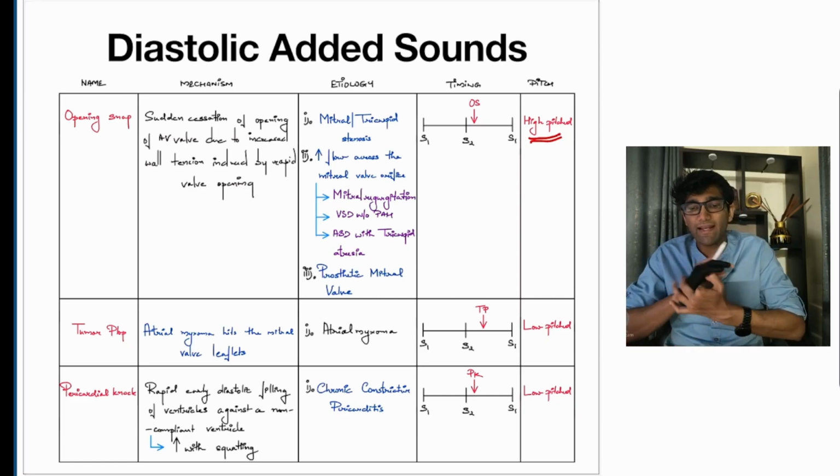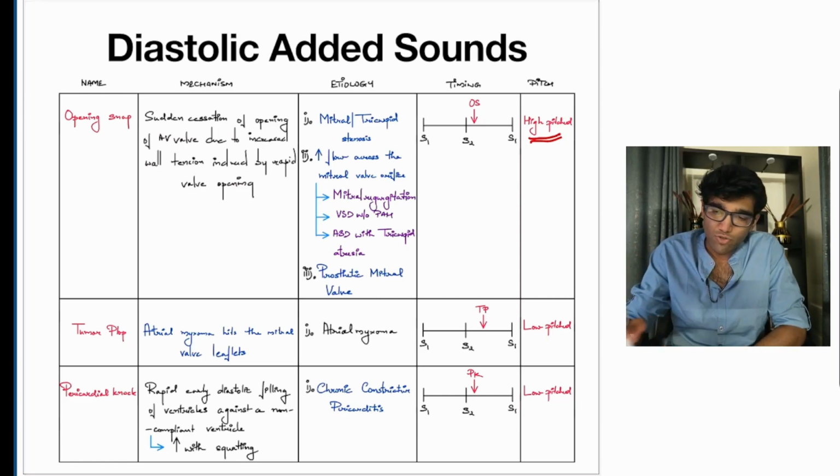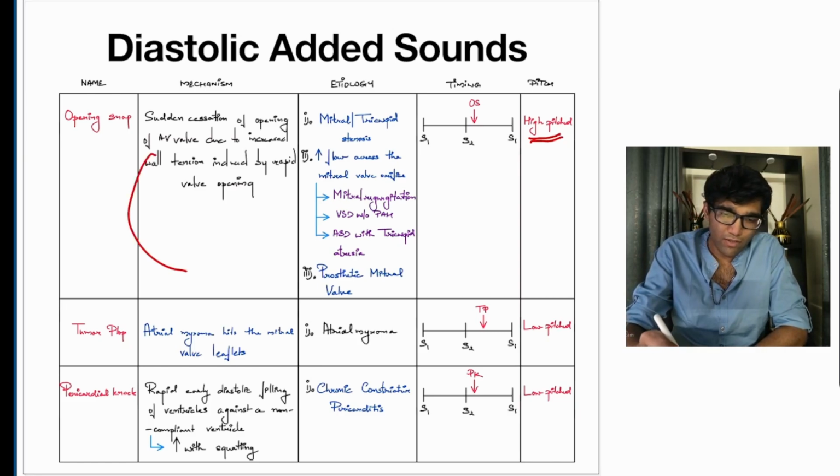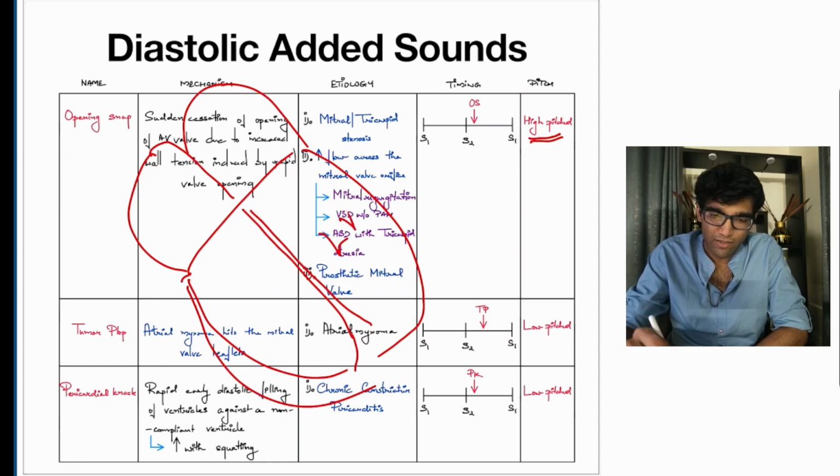Okay, then see what else could cause increased flow rate across the mitral valve. So if you have the atria and then you have the ventricles, say this is the left ventricle, this is the right ventricle, and there happens to be an atrial septal defect.